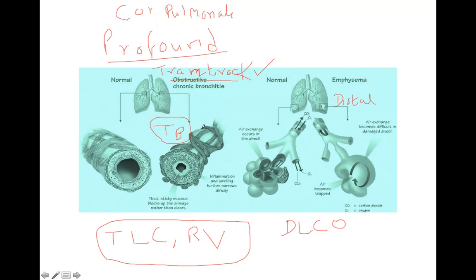In emphysema, these structures are destroyed, so the patient will have decreased surface area, causing decreased DLCO. The patient will have a hyperinflated chest, decreased vascular markings, and also dyspnea. These are the descriptions.